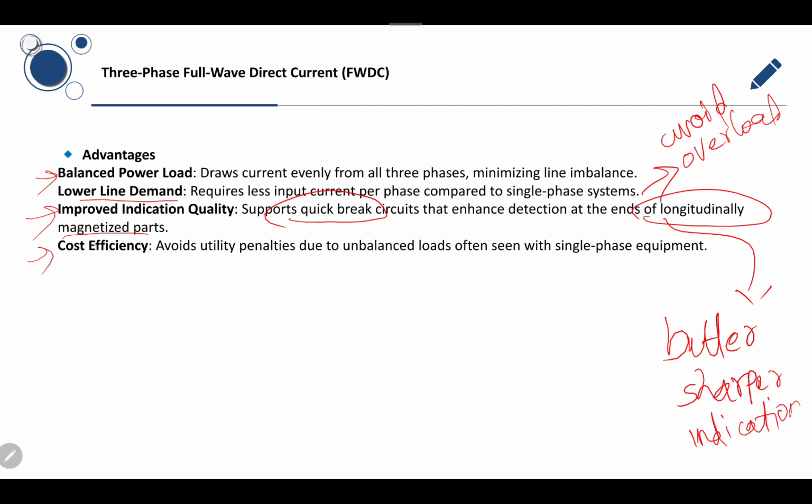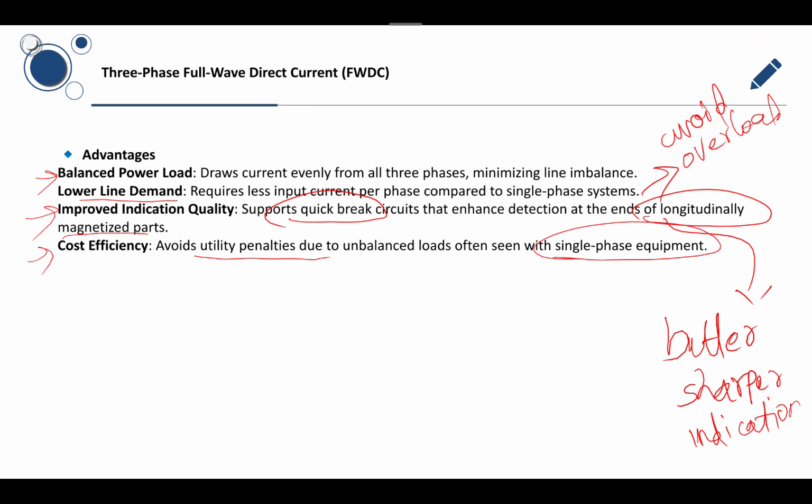Next is cost efficiency. By balancing the load, it helps to avoid utility penalties that can arise from unbalanced loads often seen with single phase equipment.